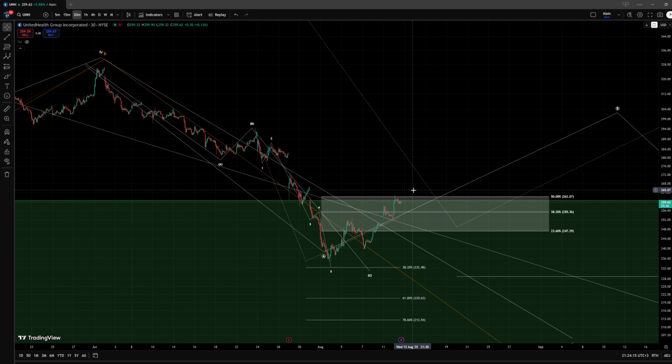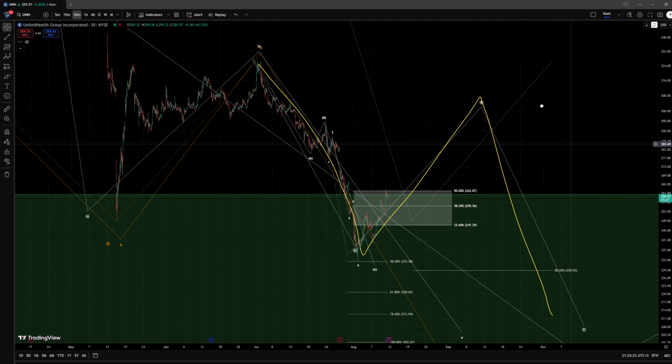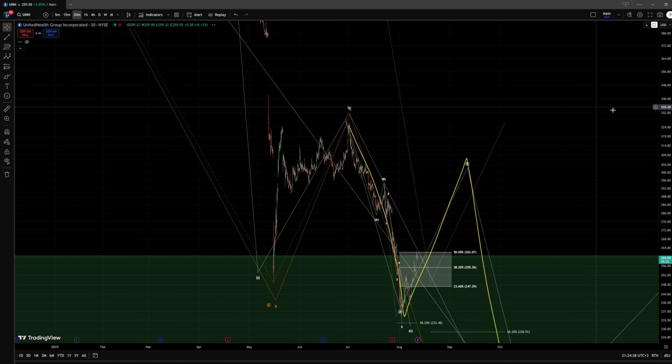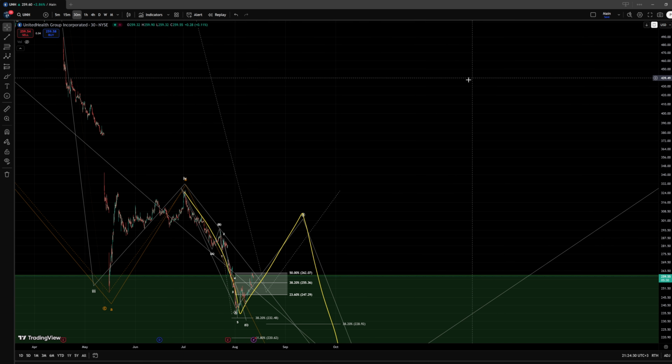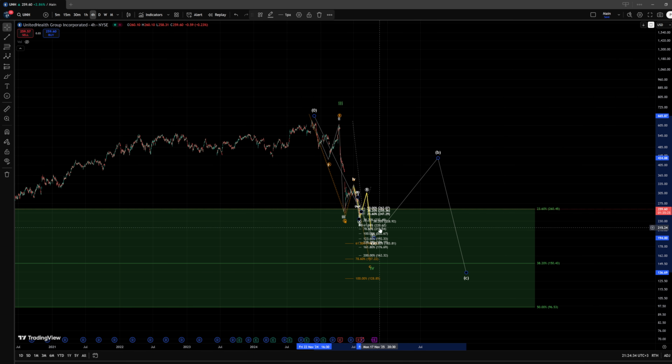And if we break even this resistance, well then we might actually be either in a larger A, B, C that could still unfold within the fifth wave, or it would shift the probabilities even more towards the idea that we are in the large B wave to the upside.